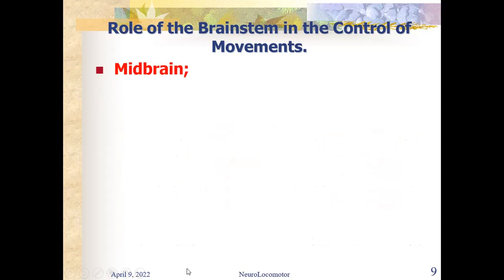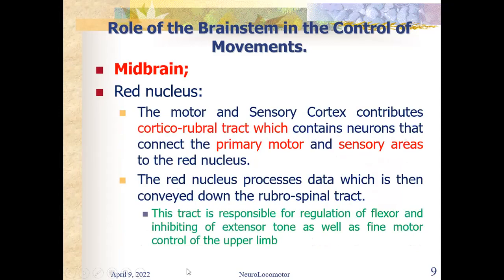So we move on, still on the red nucleus. We see that the motor and sensory cortex contribute corticorubral tracts, which contain neurons that connect primary motor and sensory areas to the red nucleus. So as we have the descending tract, the primary or direct pathway from the motor cortex and the sensory areas, as they descend, they have to pass through the red nucleus.